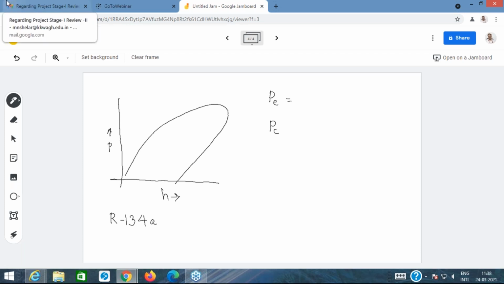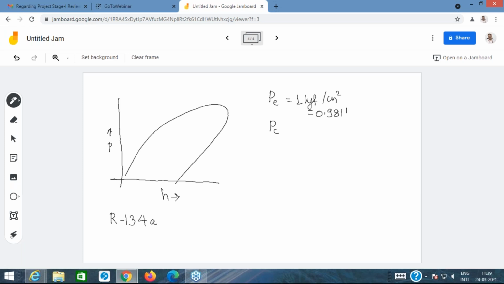So let me share the readings which we have got. For the evaporator, the gauge reading was 1 kg per centimeter square, which is nothing but 0.981 bar.